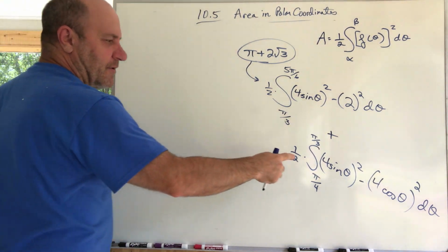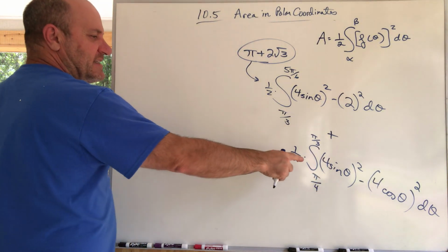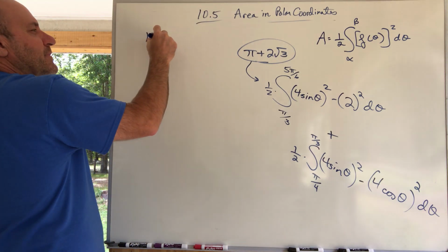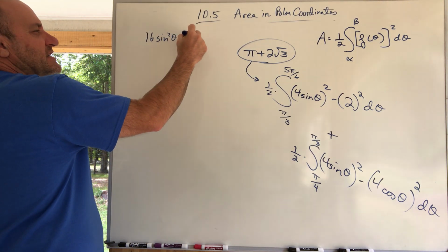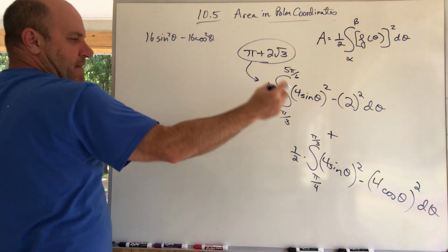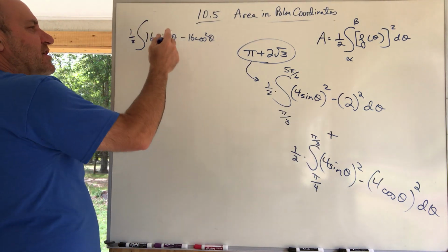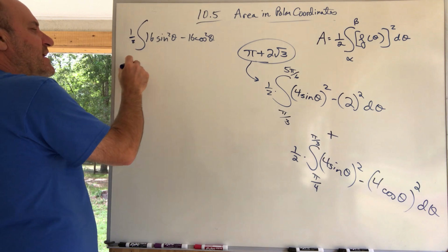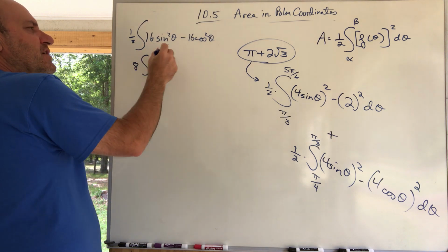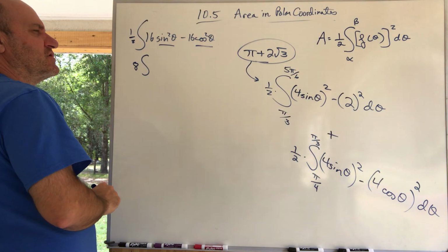I want to try this integral. When I square that, it's 16 sine squared theta minus 16 cos squared theta, right? With a half out front. So actually I'll pull the 16s out. That'll be an 8 out front. And then I'm sitting there with a sine squared minus a cosine squared.